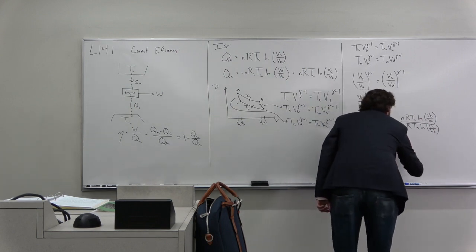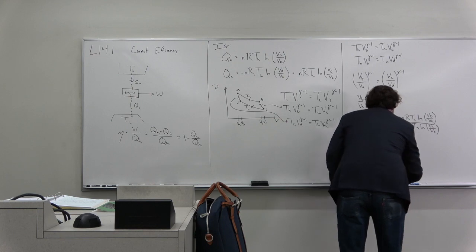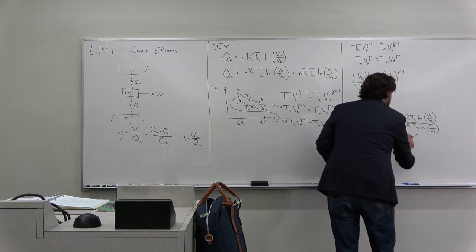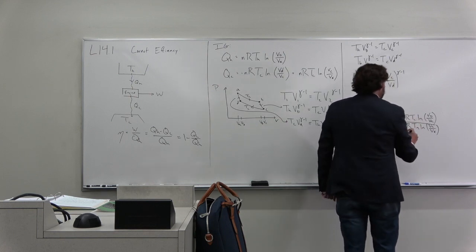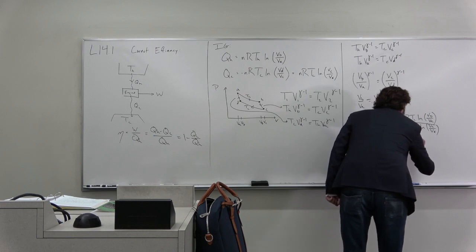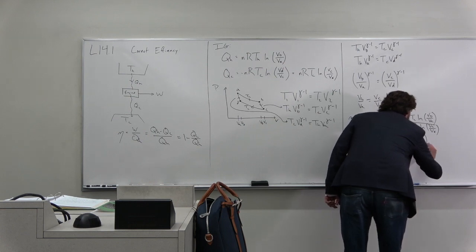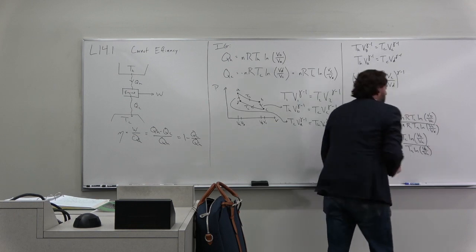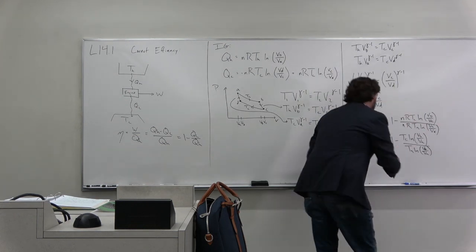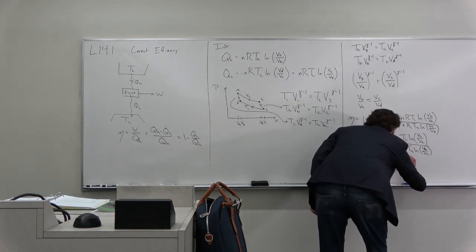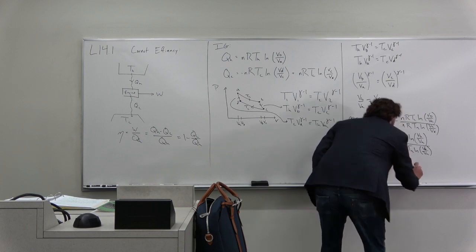So this is simply 1 minus, let's get rid of our nRs, T_C log(V_B/V_A) over T_H log(V_B/V_A). All I did was sub that in, and this is 1 minus T_C over T_H.